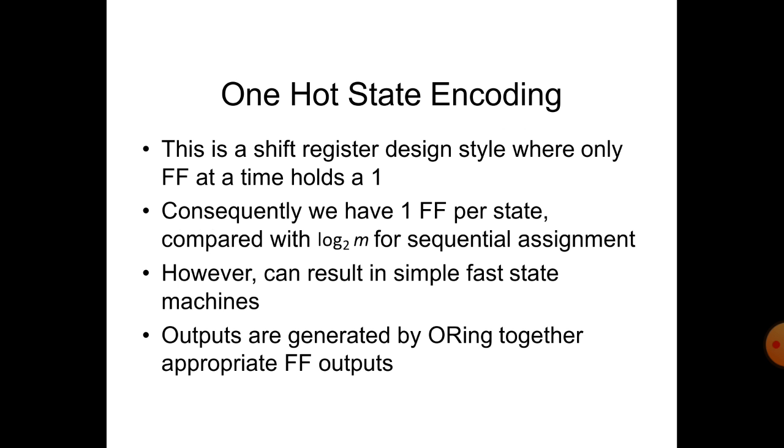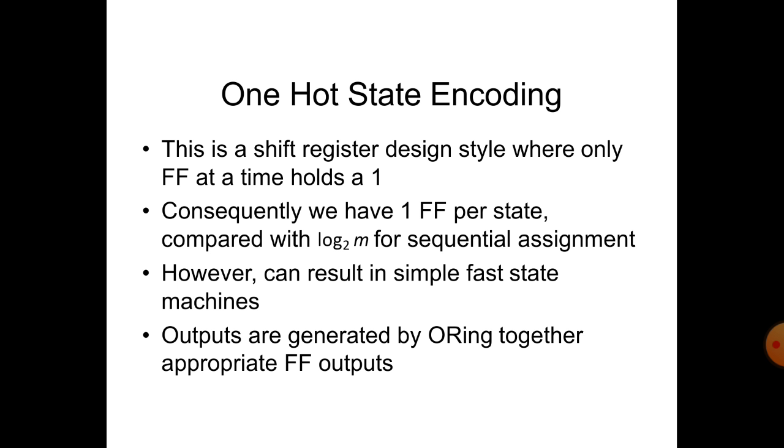Now, one-hot state encoding. This is a shift register design style where only one flip-flop at a time holds a 1, and consequently we have one flip-flop per state, compared with log2 of m for sequential assignment. However, it can result in simple, fast state machines.